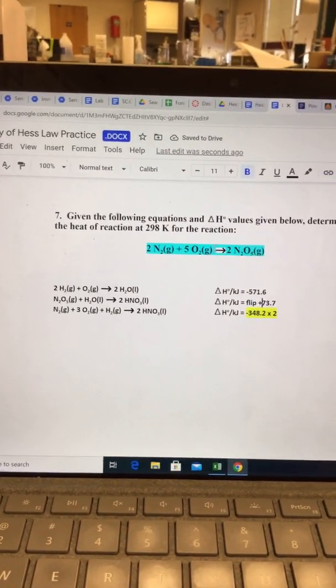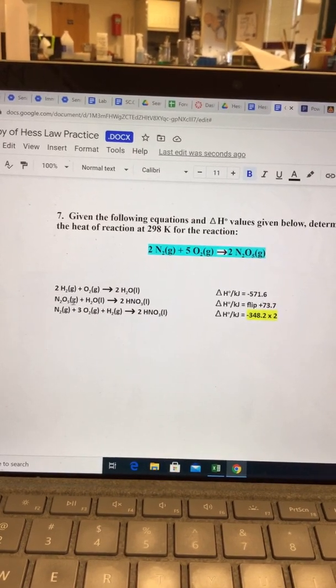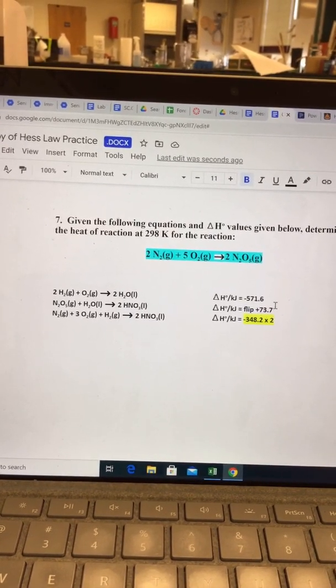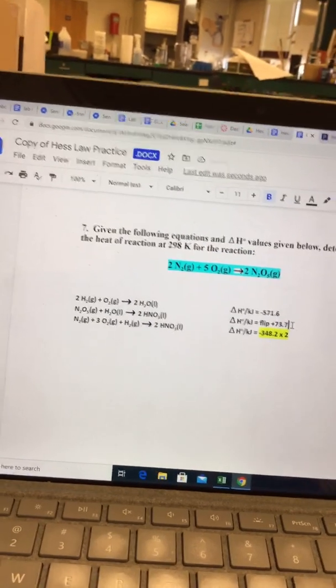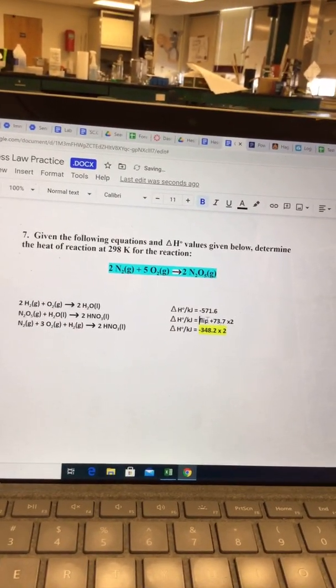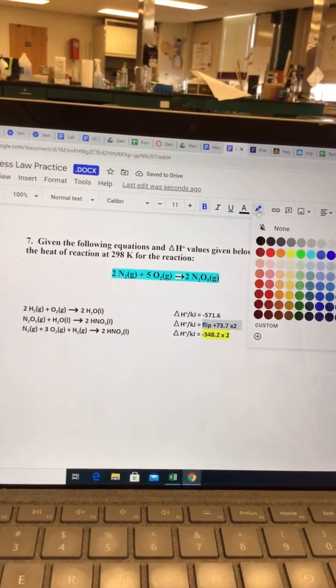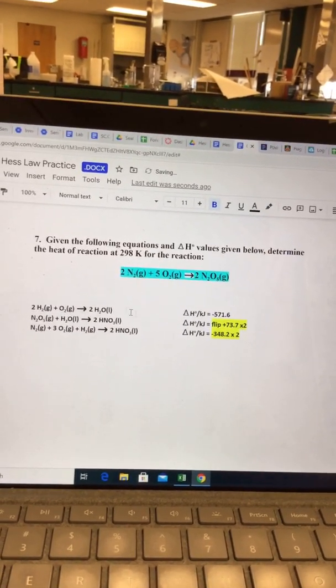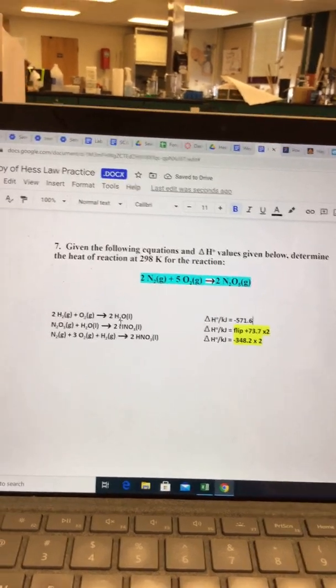As I'm flipping it, I'm going to say, do I have enough of them? I need 2 of them, and I only had 1, so I'm going to flip it and times it by 2 because I'm so good at this, and I like to do as much as I can all at once, so I don't have to write it multiple times.